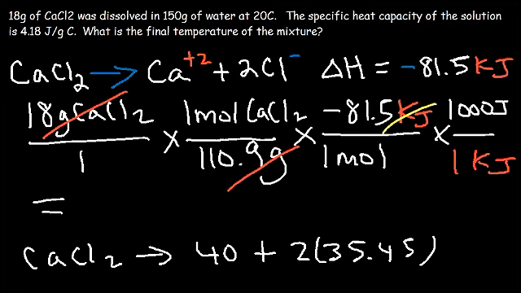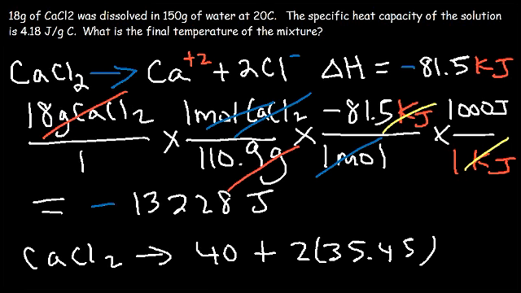So these units cancel, and these as well. So 18 divided by 110.9 times 81.5 times 1,000 gives you a value of negative 13,228 joules.